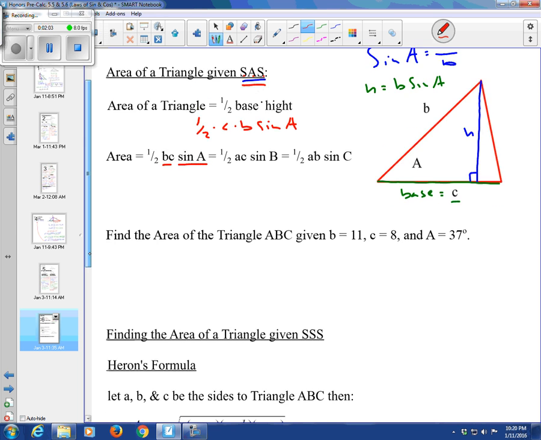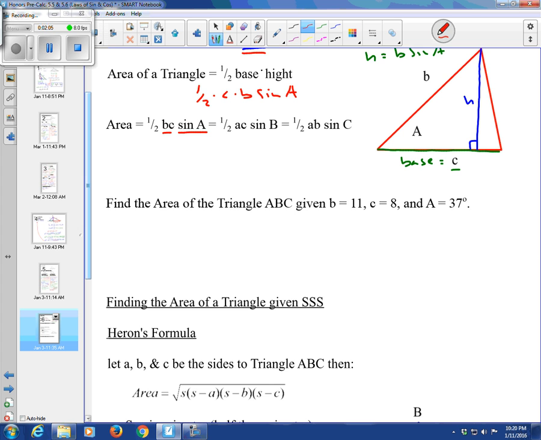So why don't you guys go ahead and find the area for a triangle that has a side, angle, side of B of 11, C of 8, and the angle between those two sides as 37 degrees.